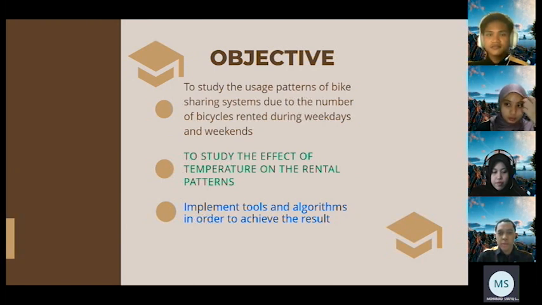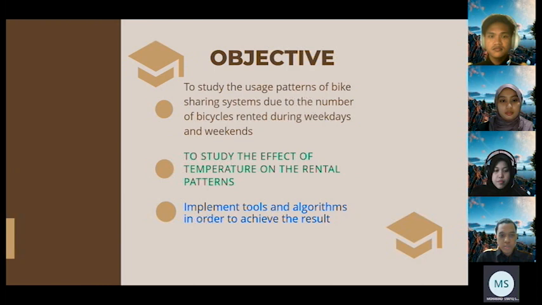So for the objective, we have three main objectives here. The first one is to study the usage patterns of bike sharing system based on the number of bicycles rented during weekdays and weekends. Second is to study the effect of temperature on the rental patterns.